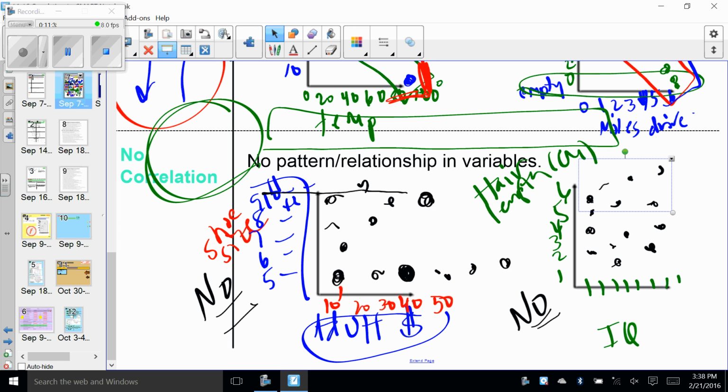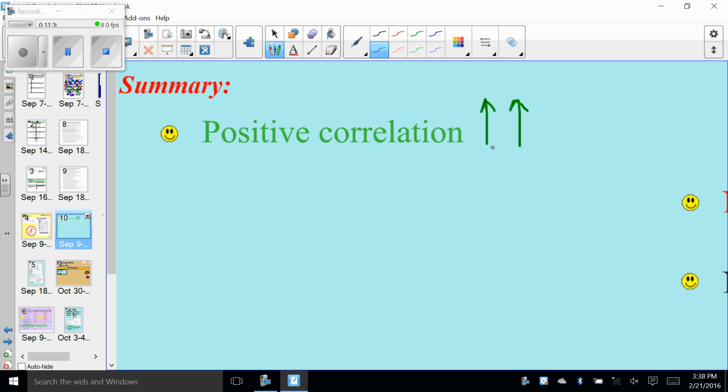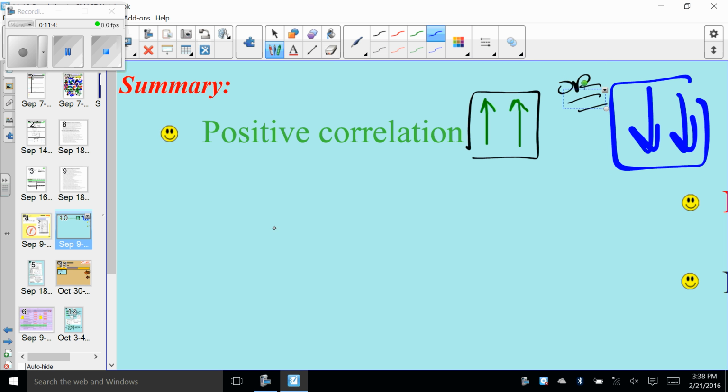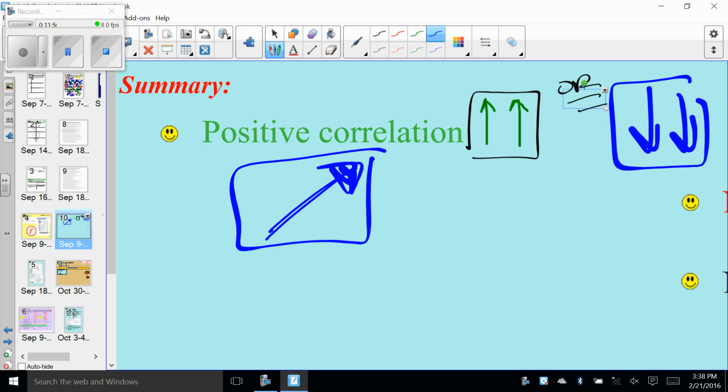Your summary for today is that when you have a positive correlation, it's up, up, but it also can be, which is sort of tricky, down, down. The key is that the graph is trending this direction. Graph trends this way. So we have that positive correlation.